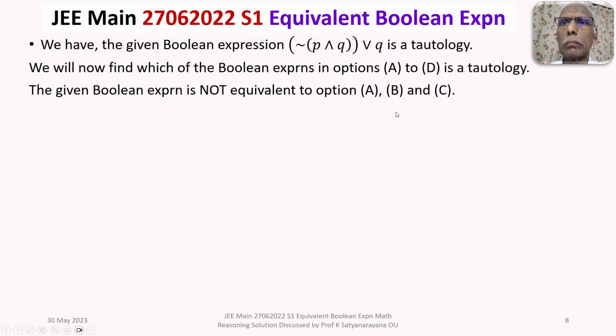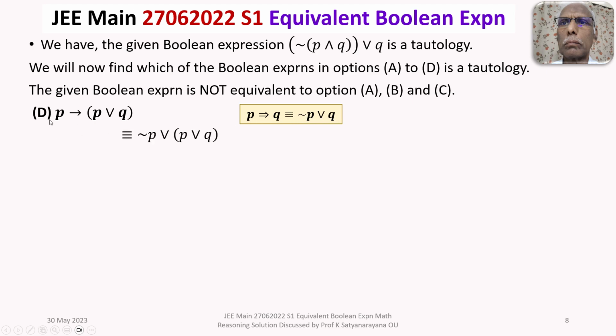We have ruled out A, B, C. Now let's take D. P implies P or Q. So apply P implies Q is logically equivalent to negation of P or Q. So this will be equivalent to negation of P or (P or Q). Agreed. Apply the associative law. So it will be logically equivalent to (negation of P or P) or Q. Negation of P or P is a tautology.